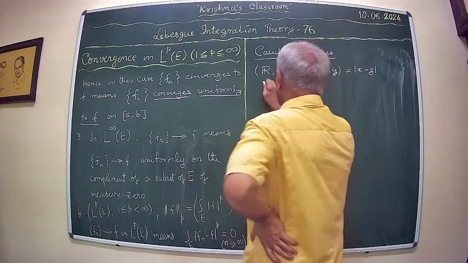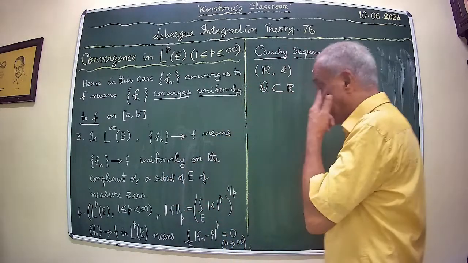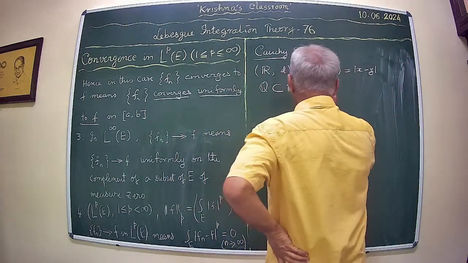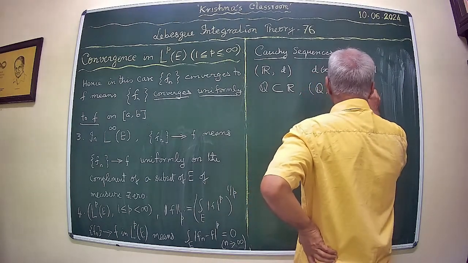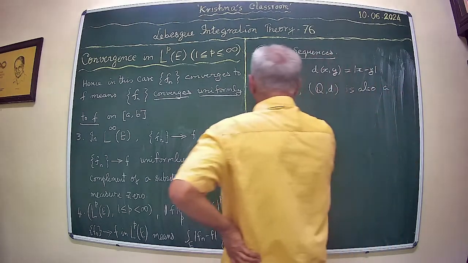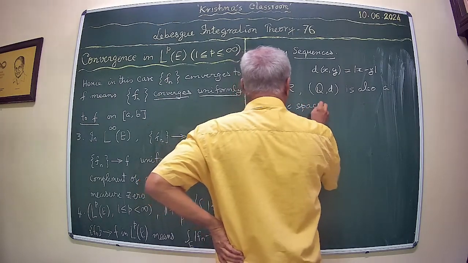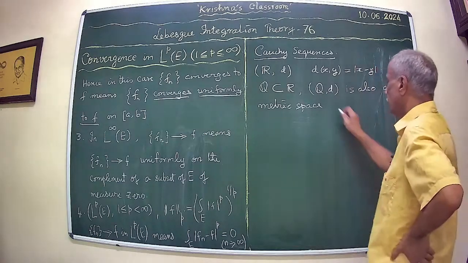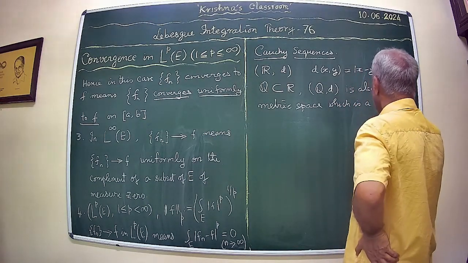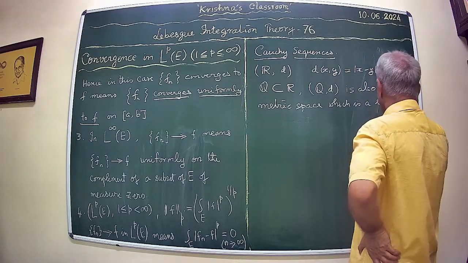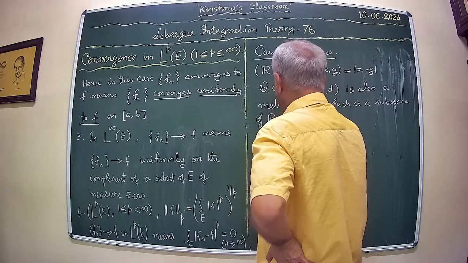Now if you take Q, which is a subset of R, (Q, d) is also a metric space, which is a subspace of (R, d).